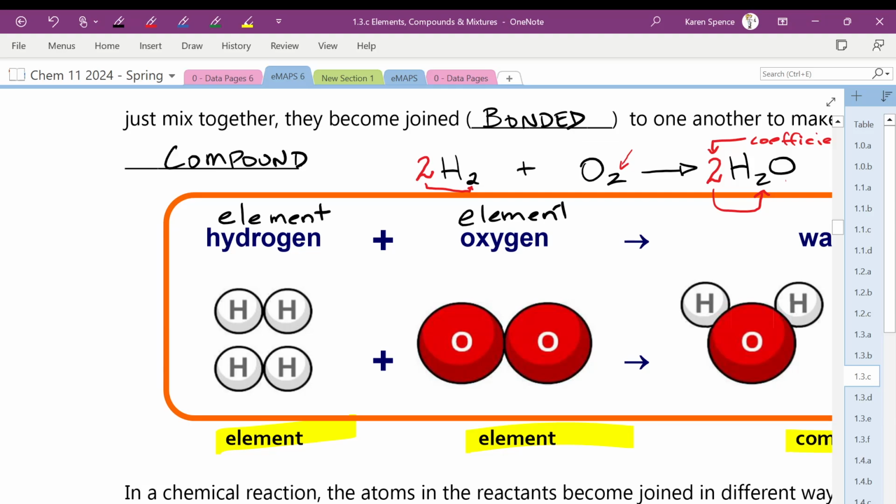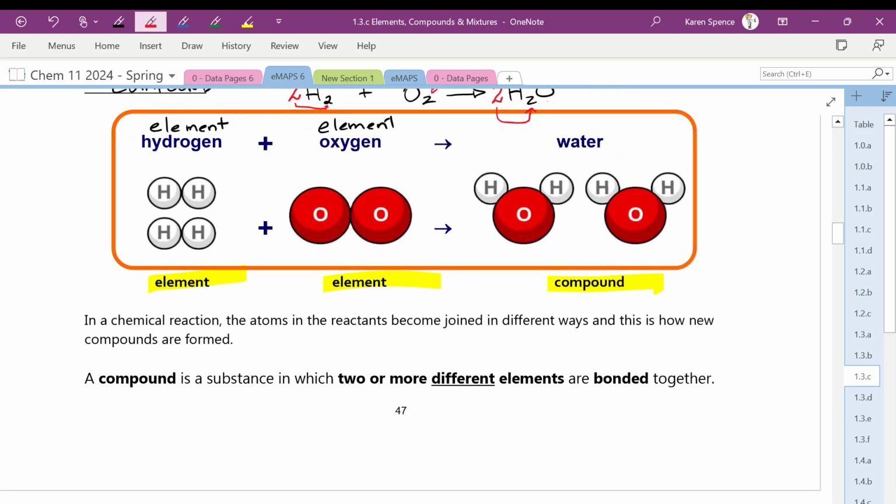Can we have disappearing atoms? No. And what if we got rid of this hydrogen here? Would that make anything better? Is that a workable reaction? Still not a workable reaction. I have 2 hydrogens, but I still only have 1 oxygen. So that's why we need all those coefficients, to keep the atoms the same from side to side.